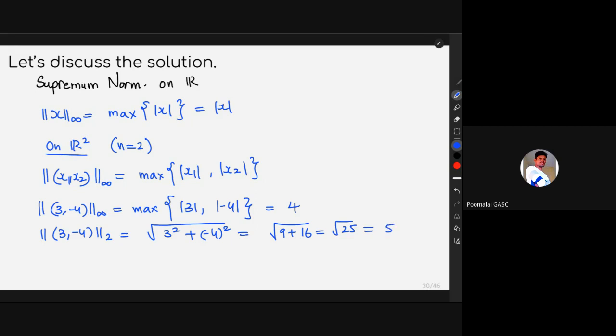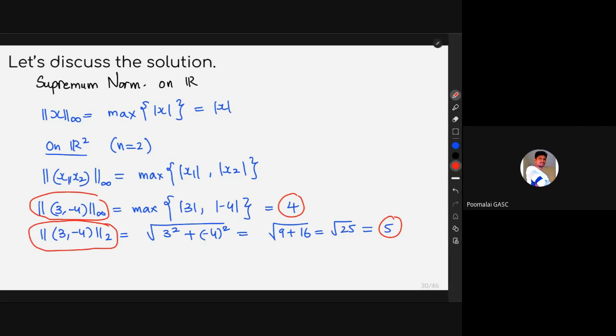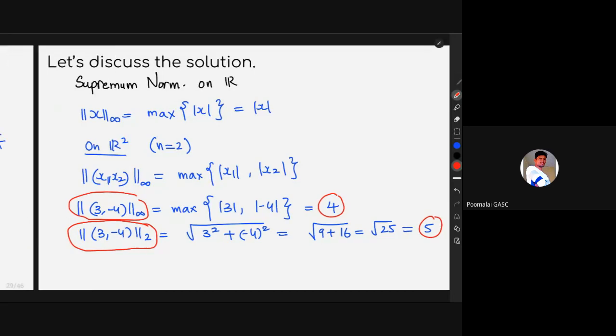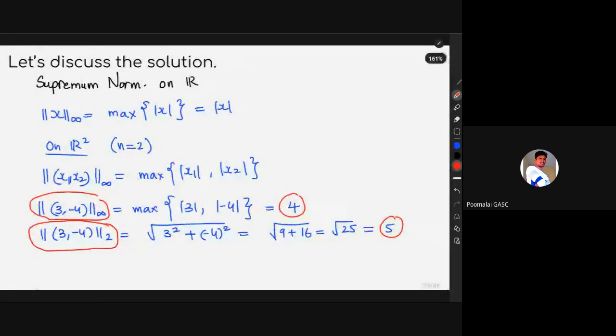So you can see that the same vector has a different length if I change the underlying norm. The first length is with respect to the supremum norm, and the other length is with respect to the usual norm which you are already familiar with, the Euclidean norm.